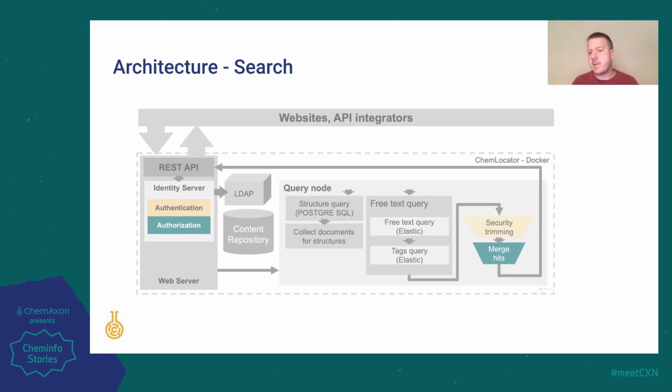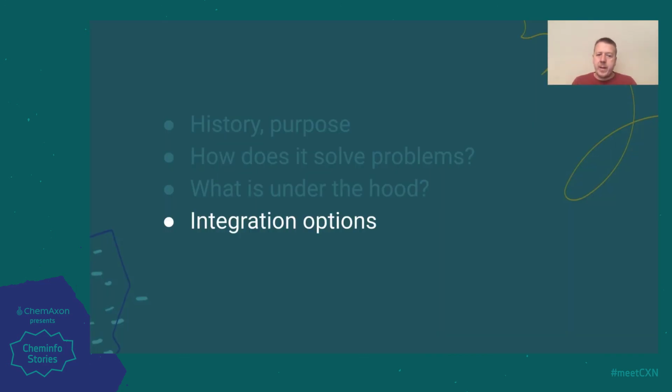And those documents the user doesn't have access to, they will be filtered out and they will not be part of the results sent back to the user. And once the security trimming happened, then we merge these hits and then send it back to the client.